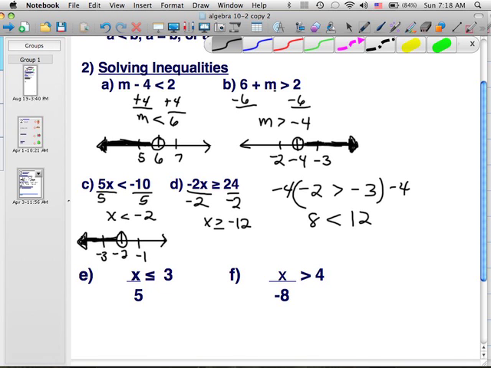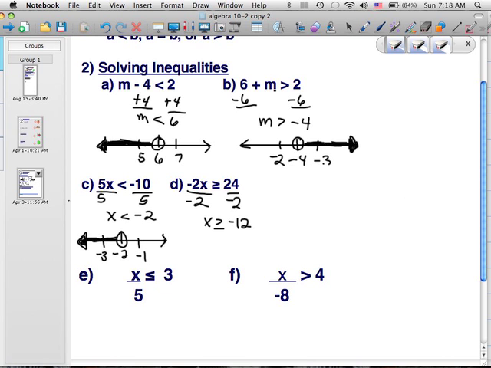So when we work with inequalities, whenever we multiply or divide by a negative number, we have to change the inequality. So this one here, we have to change it to less than or equal to -12. And then we graph it.